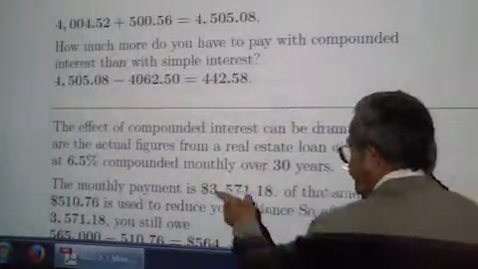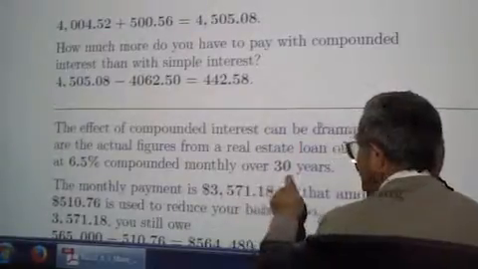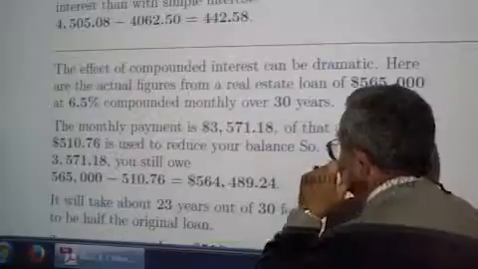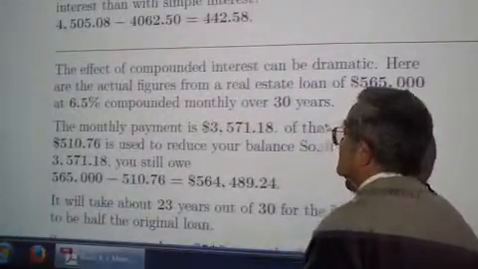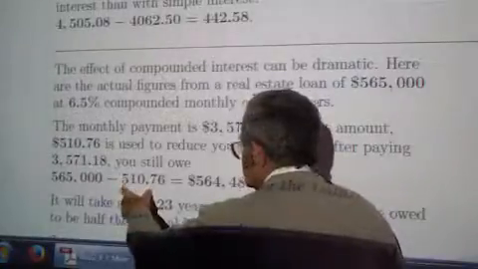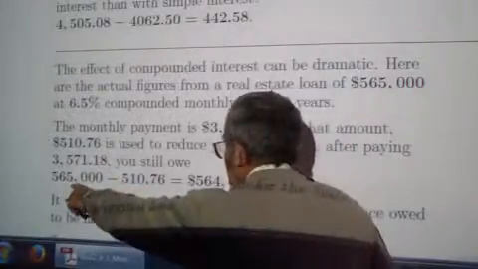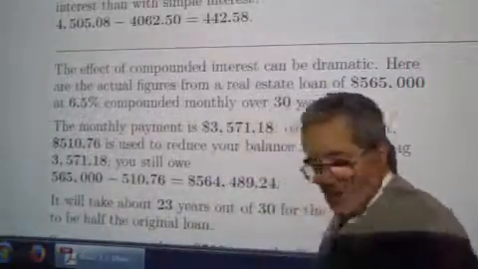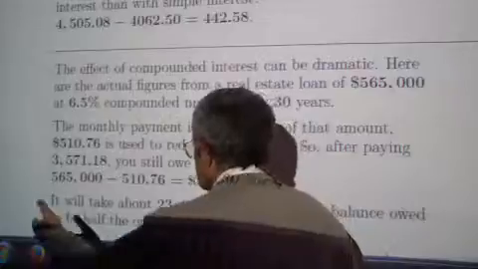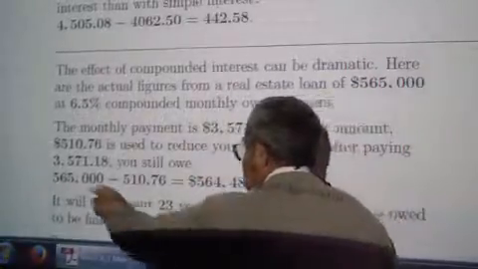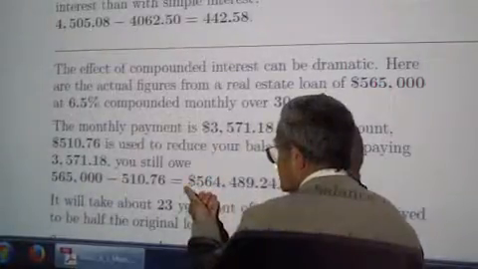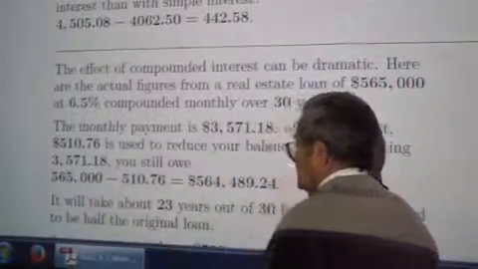Your bank wants you to pay this particular amount for 360 months. And the interest is eating up most of this. Only about $500 is used to deduct from your balance of $565,000. So you still owe almost everything that you borrowed. You give the bank almost $4,000, you still owe almost everything.